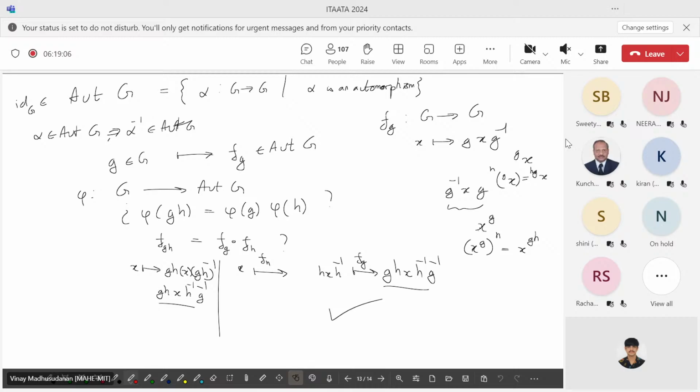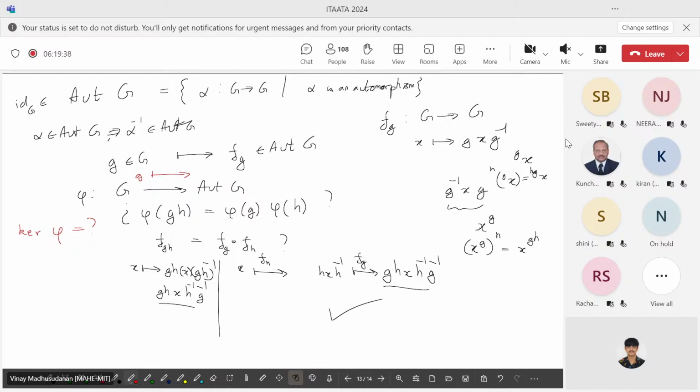What is the kernel of phi? Kernel of phi means those elements of G that are mapped to what?